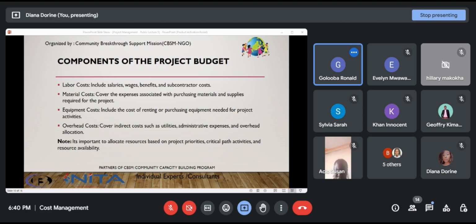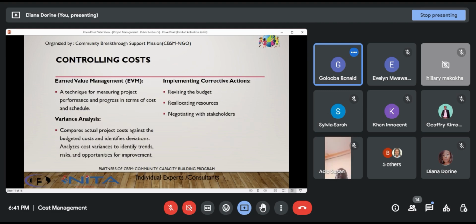Next slide, please. So controlling costs, we looked at earned value management as a technique for measuring project performance and progress in terms of cost and schedule. We've talked about variance analysis. These are some of the techniques that we use to control costs.